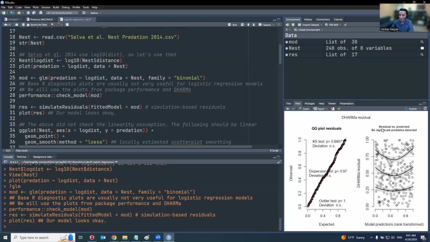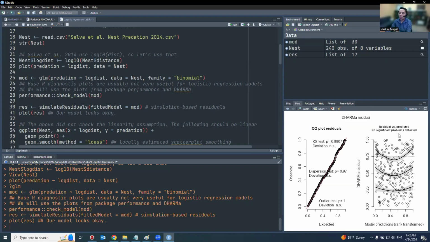This plot is essentially looking at the homogeneity of variance assumption, if you will. And what we are supposed to see is that at different quantiles, this is the 50th percentile, 75th percentile, and 25th percentile, everywhere it should be pretty flat. Okay, and in our case, it is curved a little bit, but this curve is actually not significantly problematic.